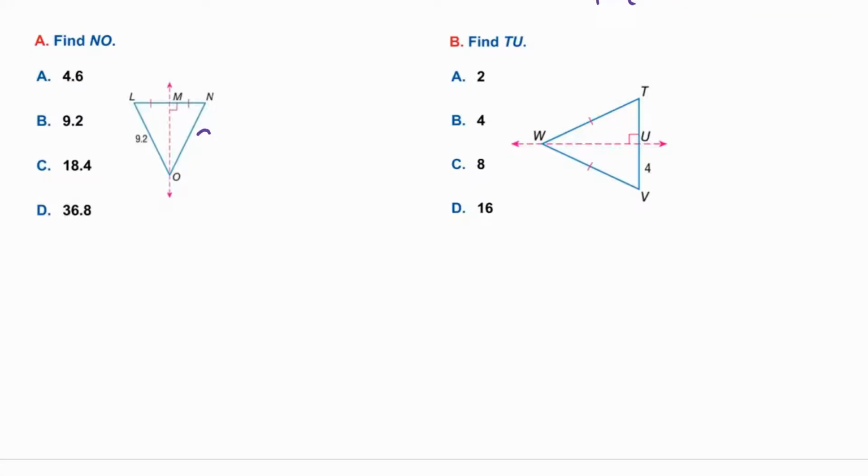We're asked to find the length of NO. It is a perpendicular bisector, so this would be congruent to this, so 9.2. Since WT is congruent to WV and WU is perpendicular to TV, we know that TU has to equal UV.